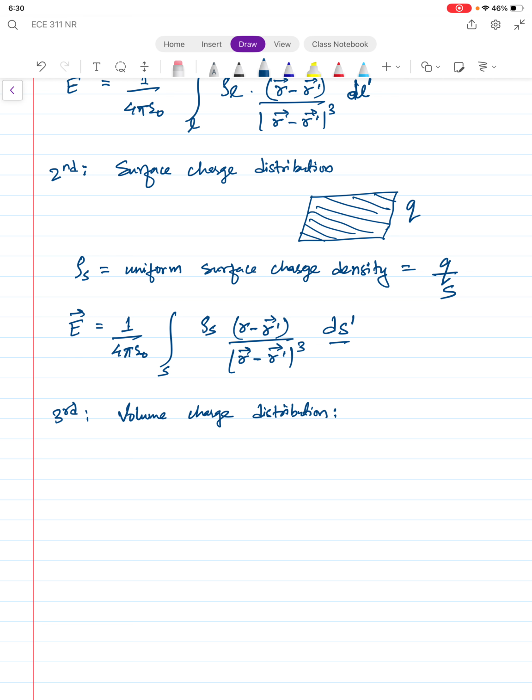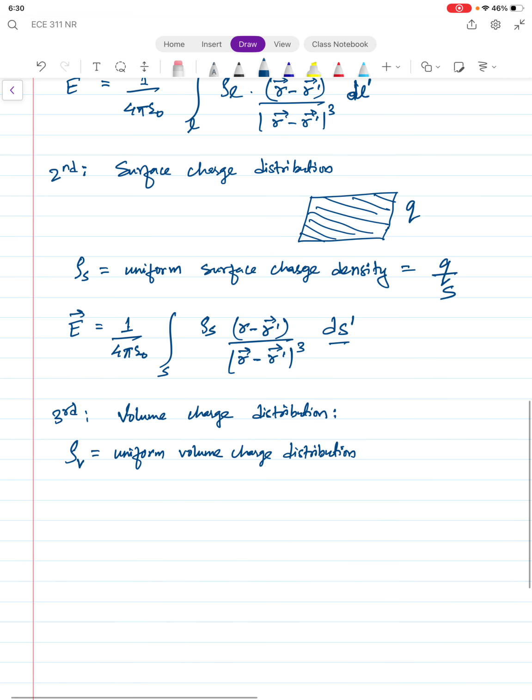Similar concept, except we now define rho sub v, which is termed uniform volume charge density, which means the charges are now distributed over a volume. Let me try to draw a cube.